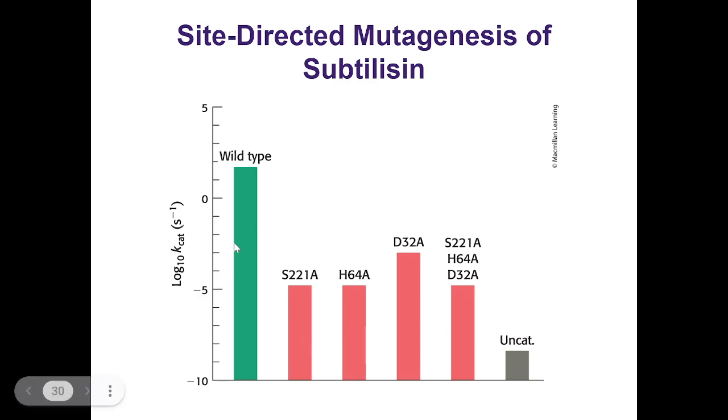Logarithmic. So this is the log of the kcat here. Right here we see the wild type, and that's the one that has the most catalytic activity, right? And so we've done some various mutations, S221A, H64A, etc. So we changed different sites, changing which amino acids will be expressed, okay? And if we see significant drops in the catalytic activity, then we know that change was meaningful, right?